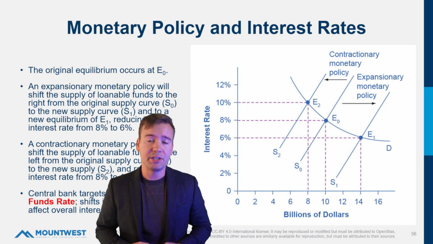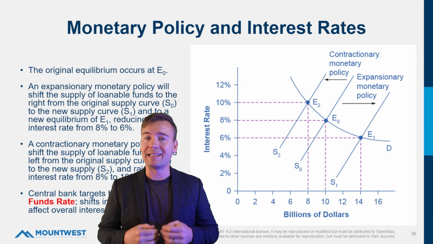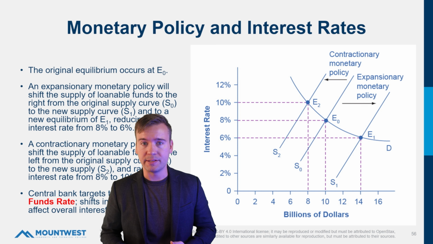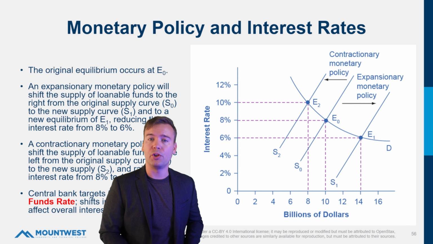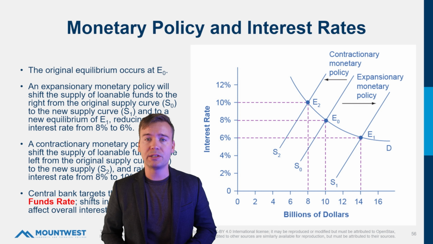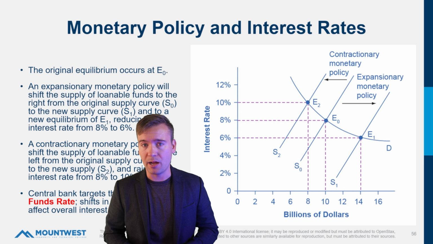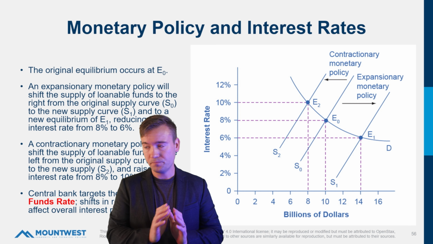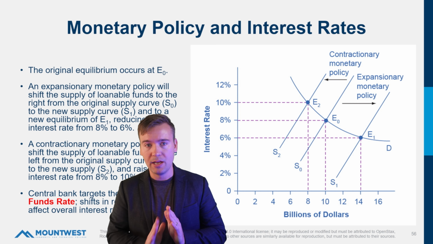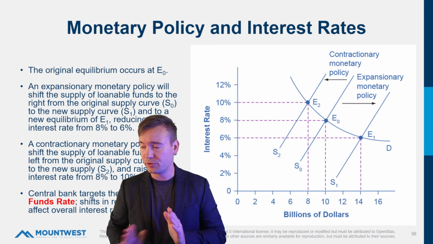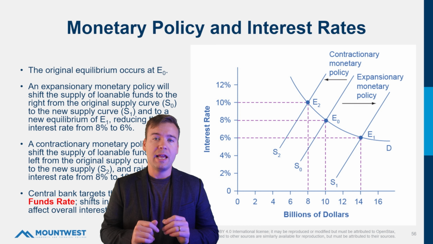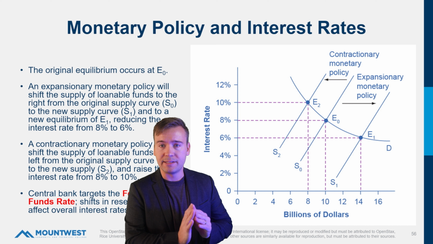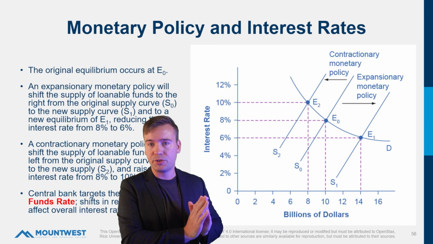Now, if the central bank decides to adopt an expansionary monetary policy, which is usually in response to slow economic growth or high unemployment, well, then it increases the supply of loanable funds. So you can see how it moves along the supply line, right? That action is basically a rightward shift. I'm moving the wrong direction.